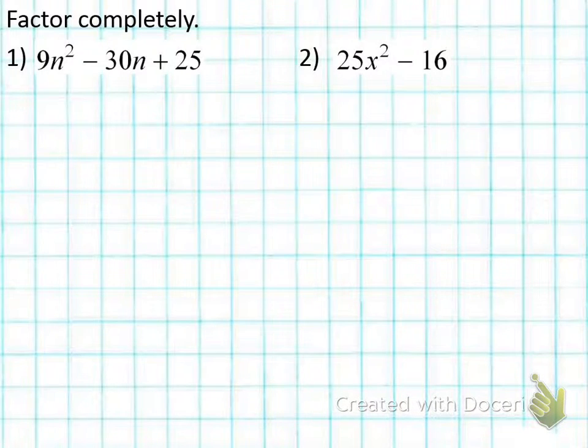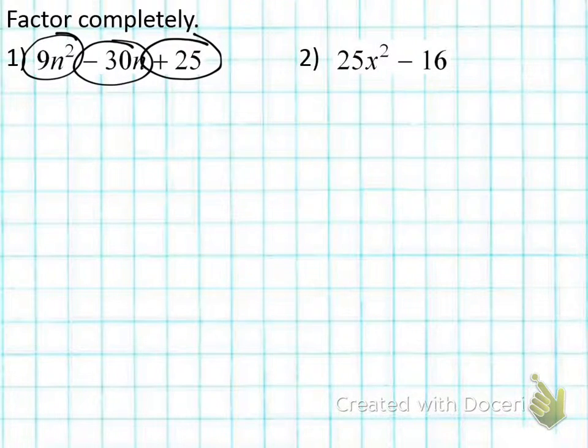We got 9n squared minus 30n plus 25. Now this problem, I'm noticing something special. The first term and the last term are perfect squares, right? You all see that? The middle term is negative 30n. So we need to check to see if this is a perfect square trinomial.